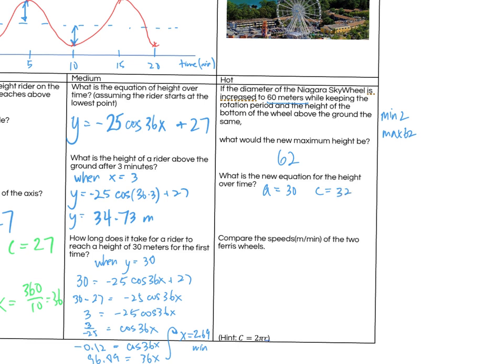So our midline would be 32. Our K value is the same as it was before at 36. And now I'm just going to use the same equation, negative cos, because I'm starting at a minimum. So y equals negative 30 cos kx, so 36x, plus our C value, 32.